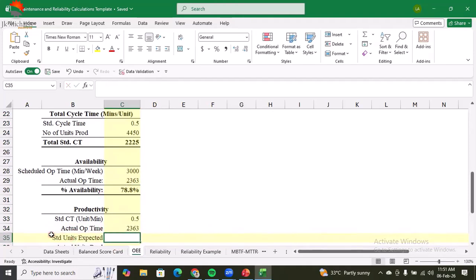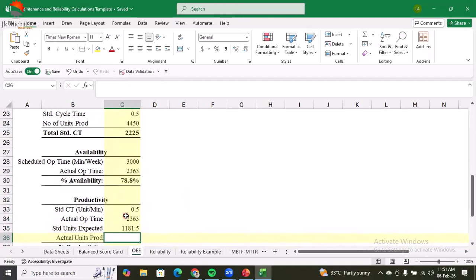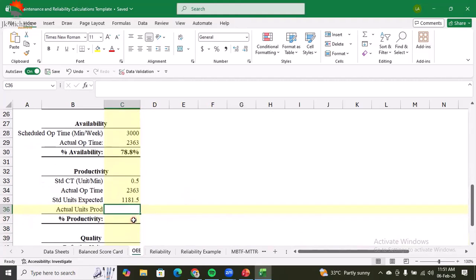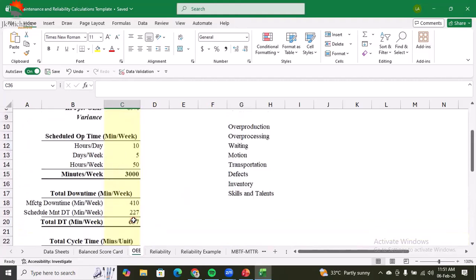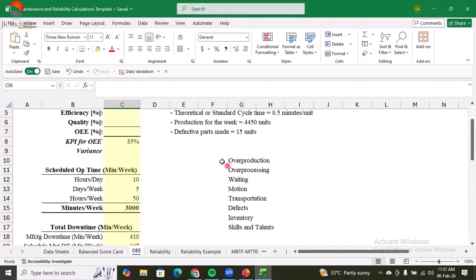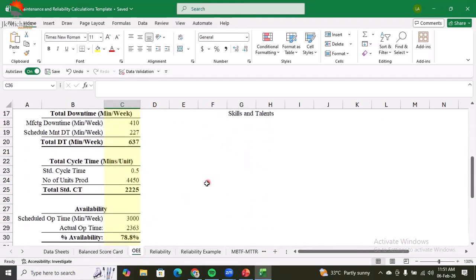And then the standard number of units expected would be the actual operations time multiplied by 0.5. And that is our expected standard number of units, right? And then the actual number of units produced is 4,000.